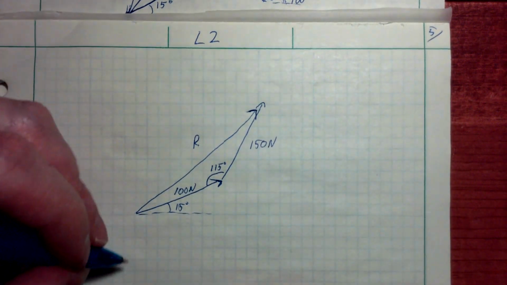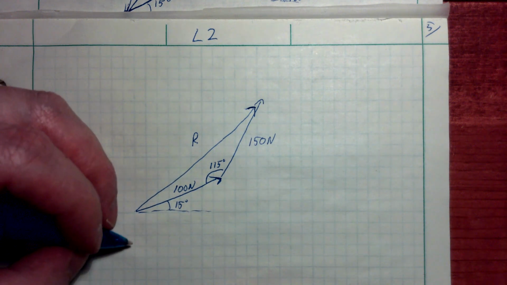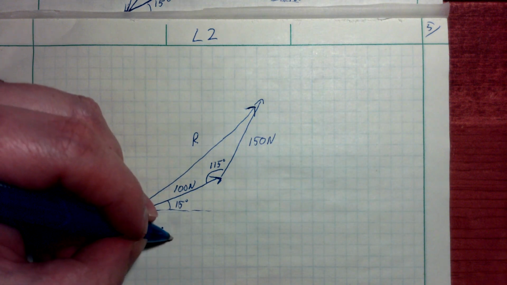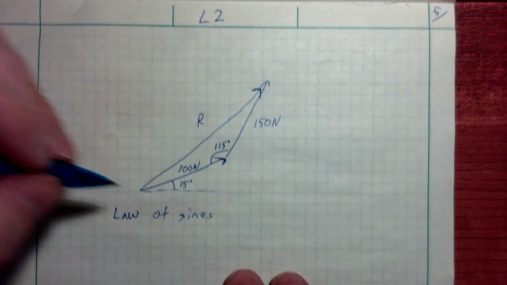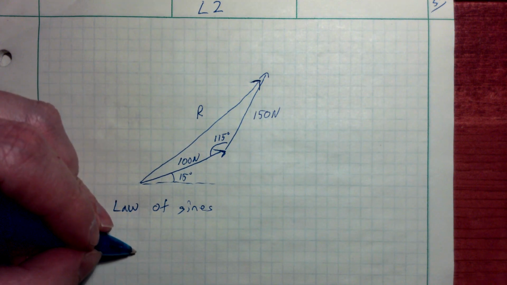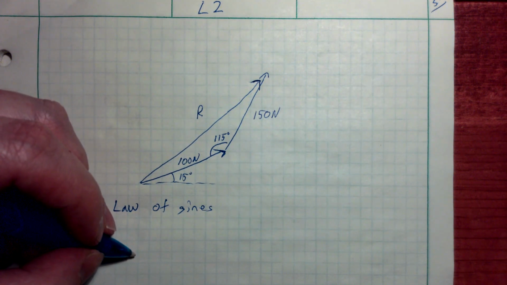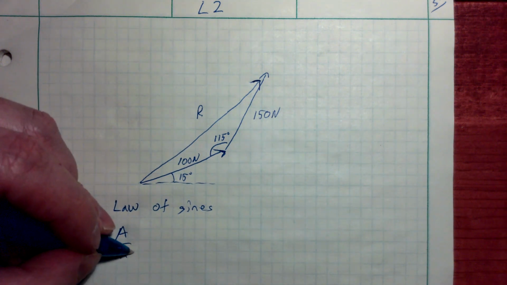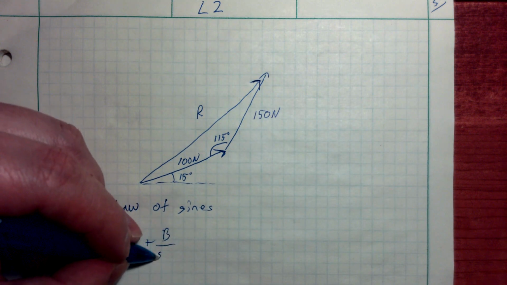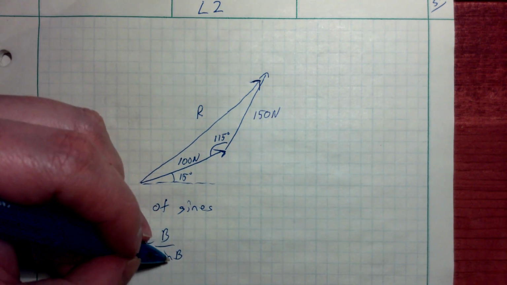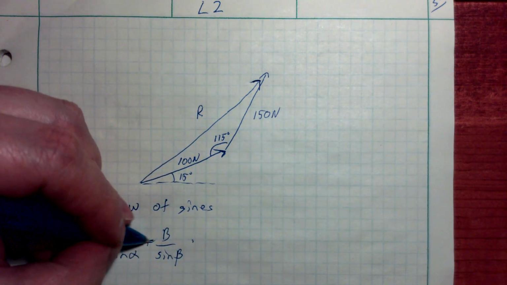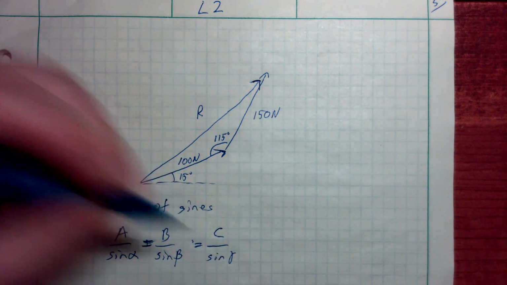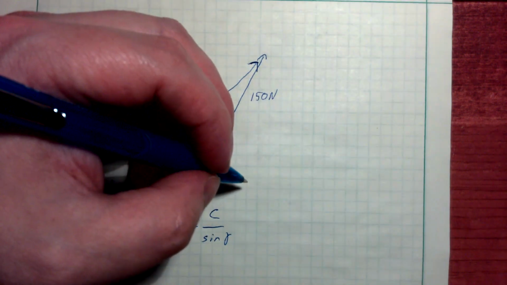I mentioned earlier that for any triangle, this one is not a right triangle, but that's okay because for any triangle, you have the law of sines. The law of sines says that a over sine alpha equals b over sine beta equals c over sine gamma for any triangle.